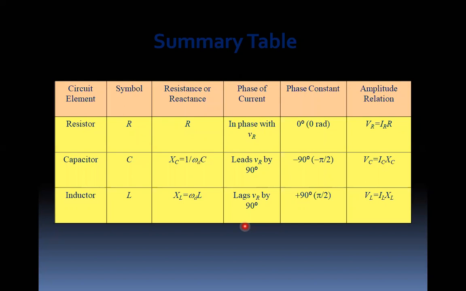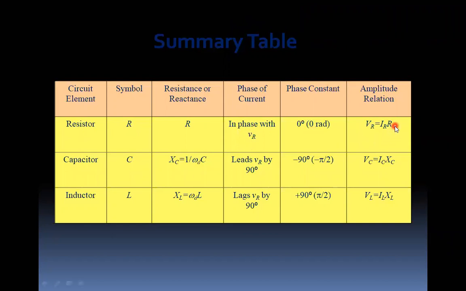Now the summary of all the three components when we have applied an alternating current to a resistor, capacitor and inductor. If you summarize this, it is a kind of impedance table. The symbol for resistance is R and the value of resistance or impedance is Z. The current is in phase with the voltage, so the phase constant is 0 and the amplitude relation is VR is equal to IR.